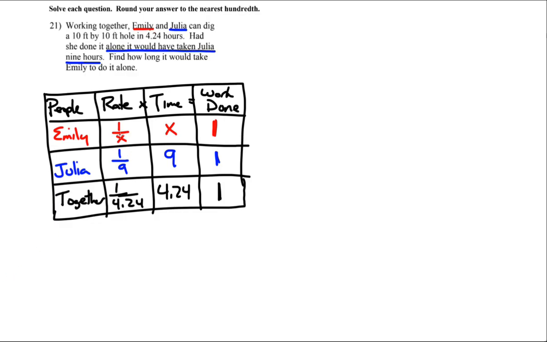And so we know that if we add Emily and Julia's rates together, we're going to get the rate that we'd have together. So if I take 1 over x and add that to 1/9, I would get the rate that they are together, which is 1 over 4.24.